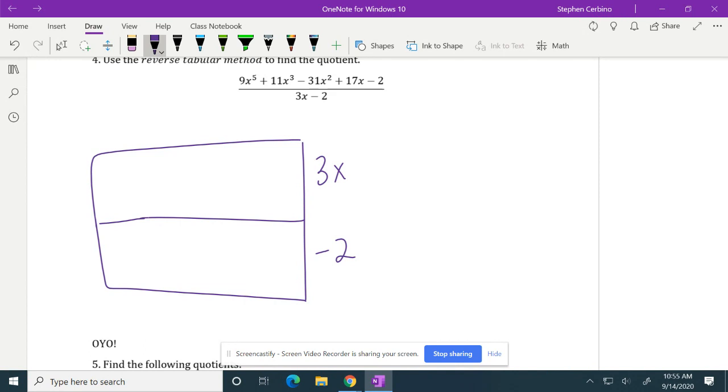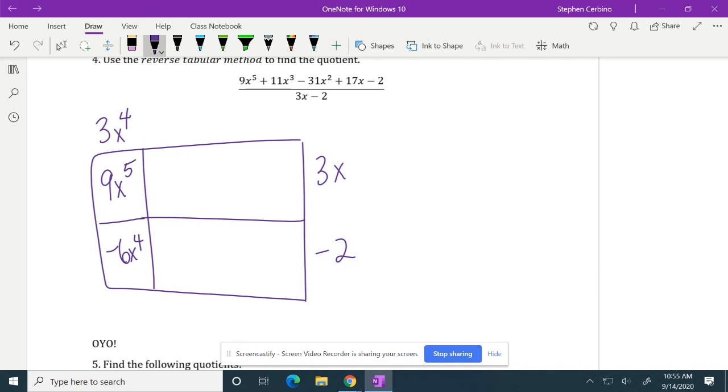What multiplies by 3x to make 9x to the 5th power? So 3 times 3 would make the 9. X to the 4th times x would make the x to the 5th power. Now you think about it, I have that. So that means I also know this bottom box is going to be negative 6x to the 4th.